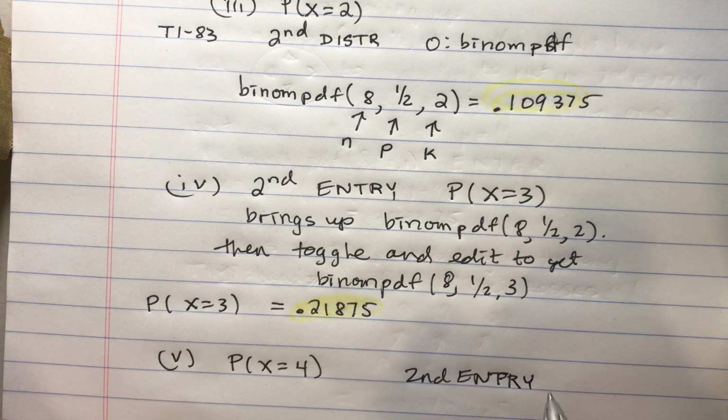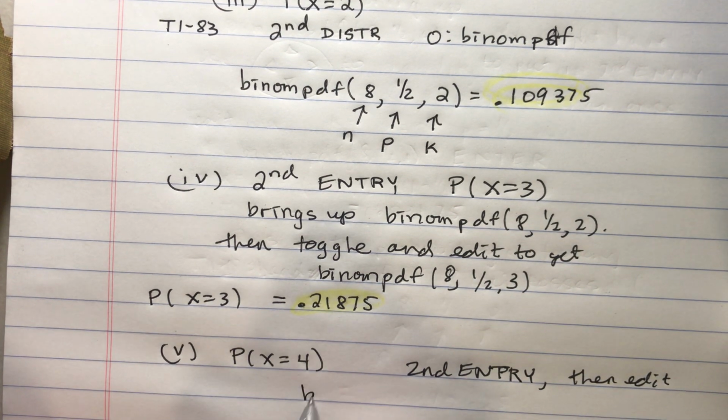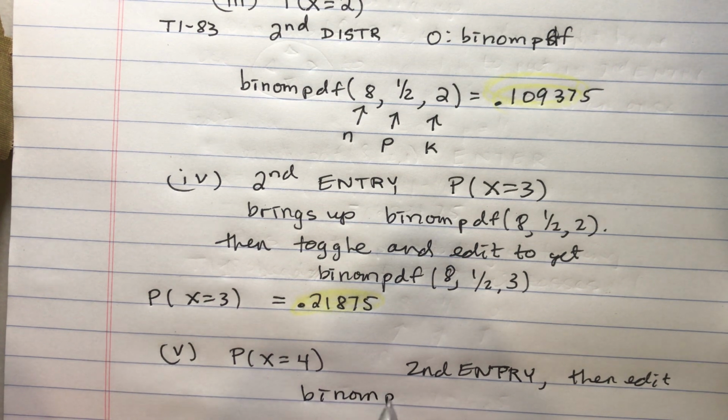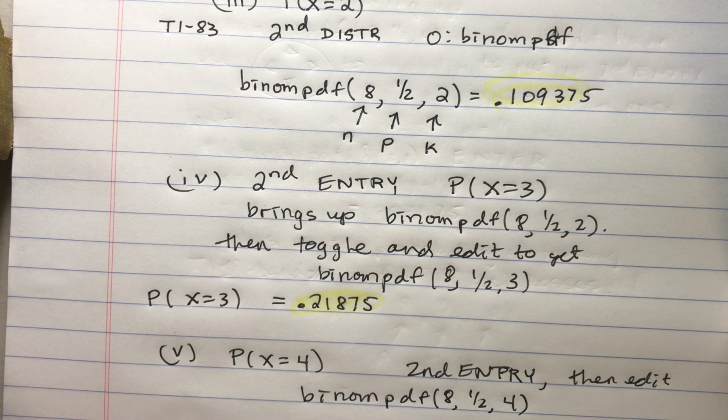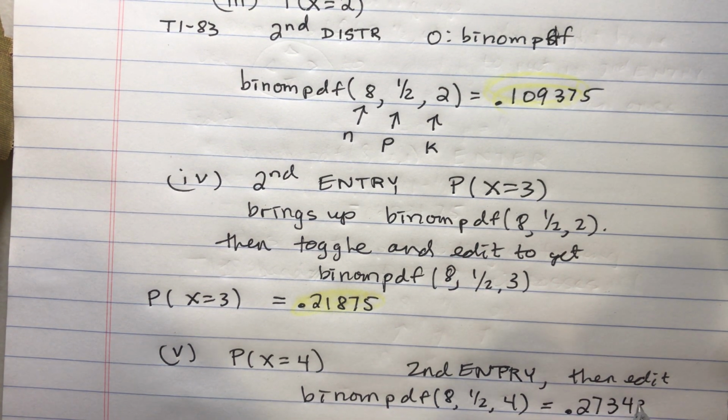and then edit. So here we're going to get binomial PDF 8 1/2 4. And you get 0.2734375, so that's 27%.